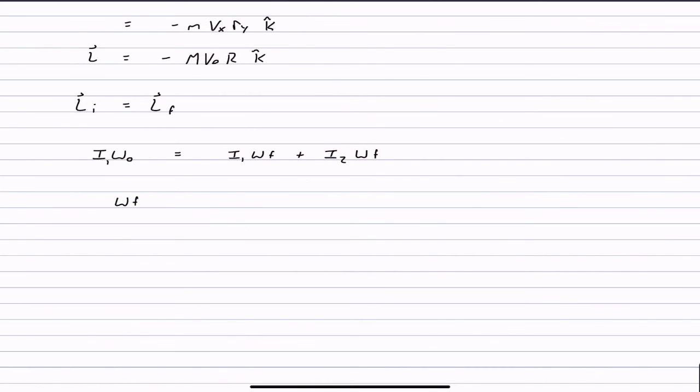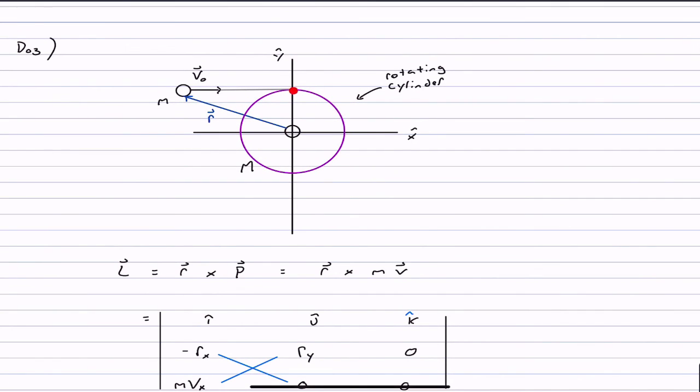So now omega final is equal to I1 over I1 plus I2 times omega naught, where I1 is just going to be for a point particle, because this thing flies at the cylinder and sticks to it on the edge, and then we have a point particle spinning around.